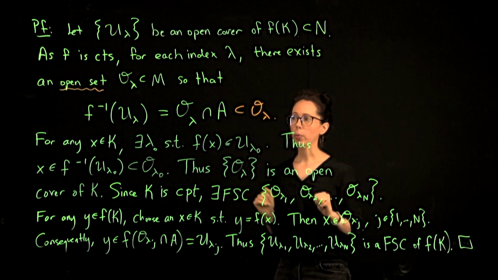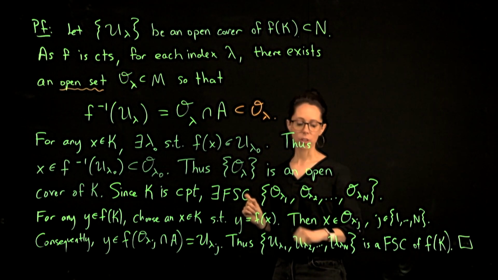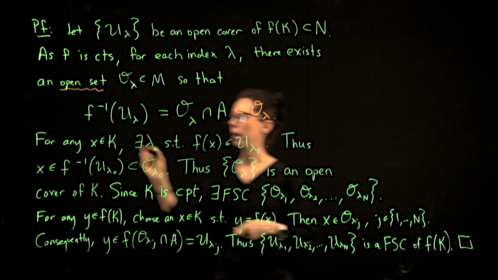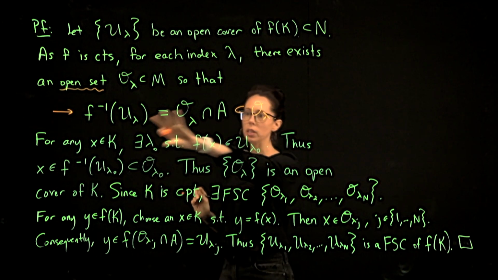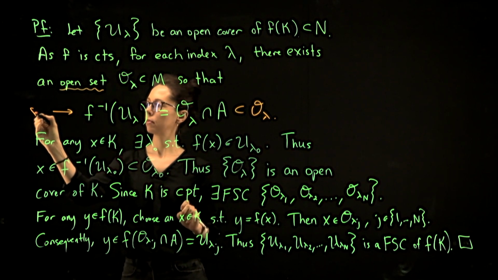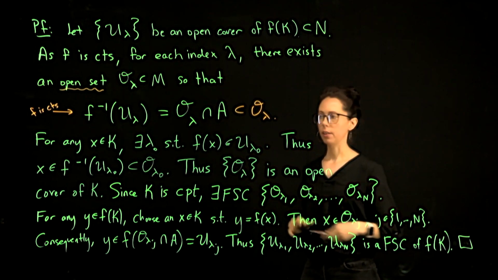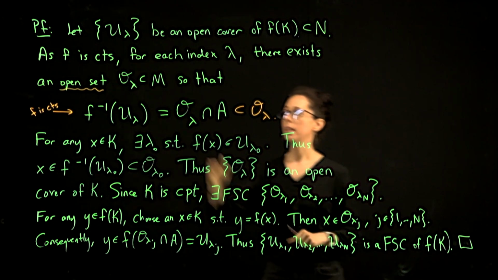That is where we used the continuity of F. So this part is really the only step in the entire proof that appeals to the continuity of F. Okay, so because F is continuous, we can do this.